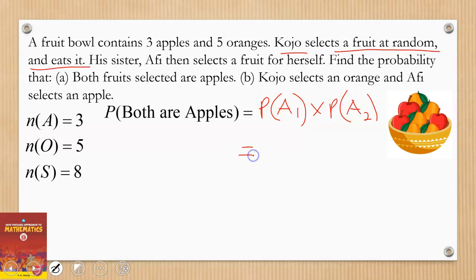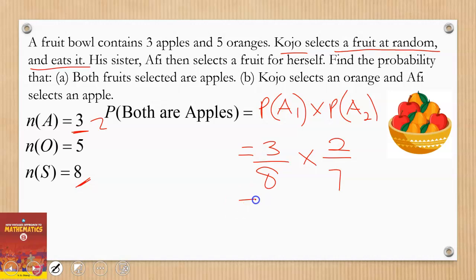The probability of picking the first apple is 3 apples in all divided by the sample space of 8. Then we multiply by, now after Kojo picked 1 apple and eaten it, we are left with 2 apples, and the total fruit will be 7. So if Afi is to pick the second apple, it is 2 over 7.